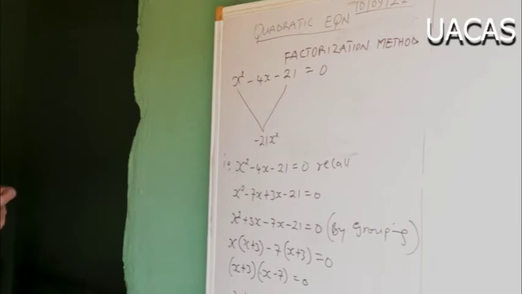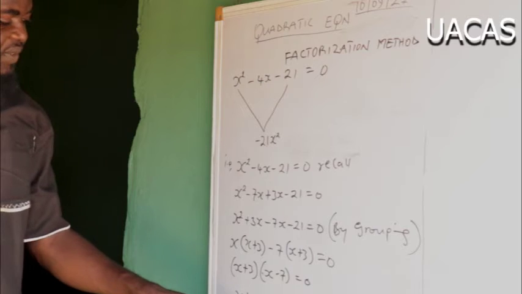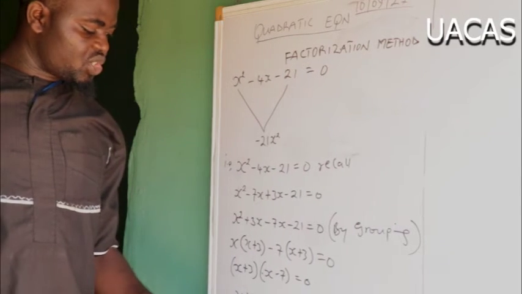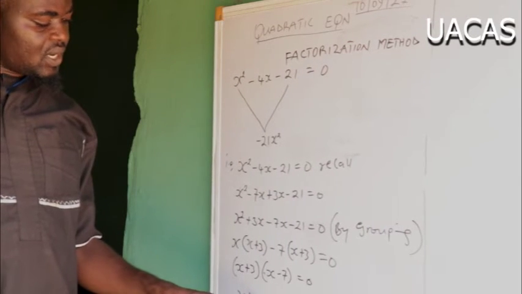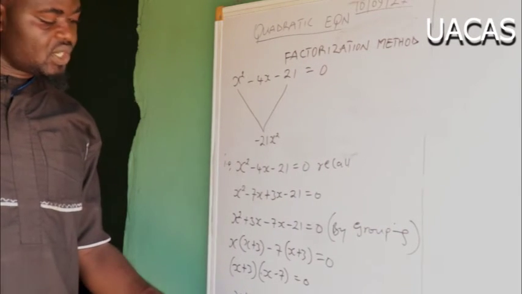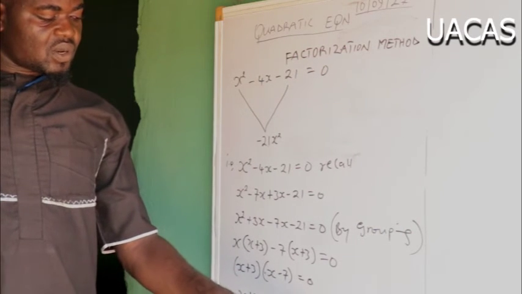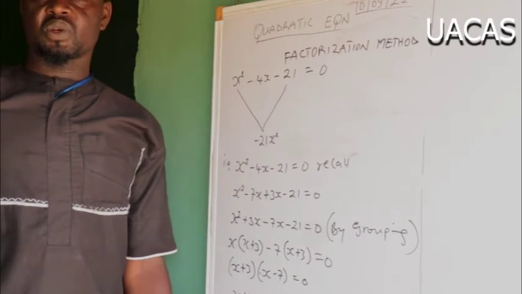From our primary school, we know that if a positive sign crosses the sign of equality, it changes to minus. It's plus 3 here, but it has crossed this equal sign. It changes to minus 3. And this minus 7 crosses the equal sign, changes to plus 7.